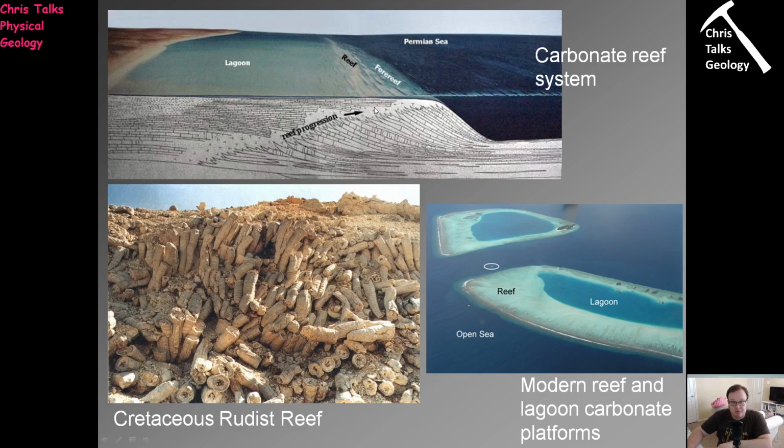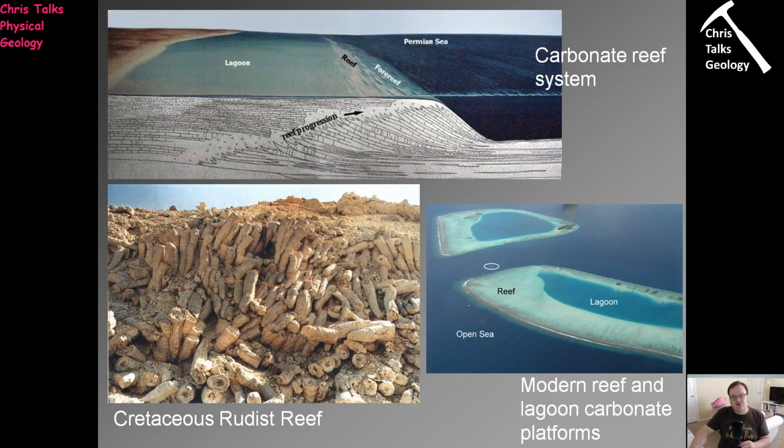Now over time the reef will become larger and larger, and eventually the reef will form a solid barrier, which we call a carbonate barrier, and that will protect an area of water directly behind it, which is the carbonate lagoon. And that's the area in which we get these large quantities of micrite forming. If you remember the previous lecture, we discussed micrite, this microcrystalline calcite, or lime mud as it's also called.